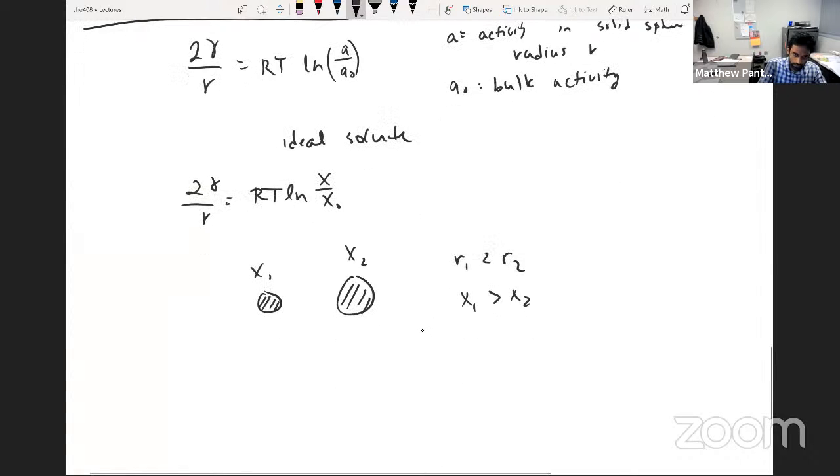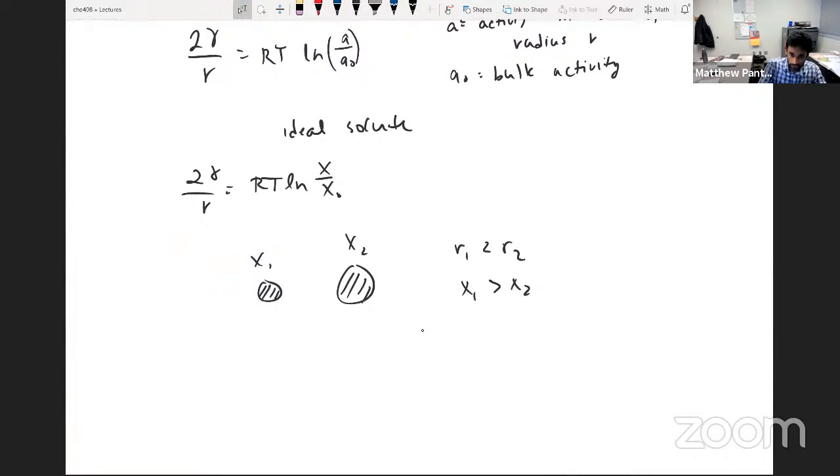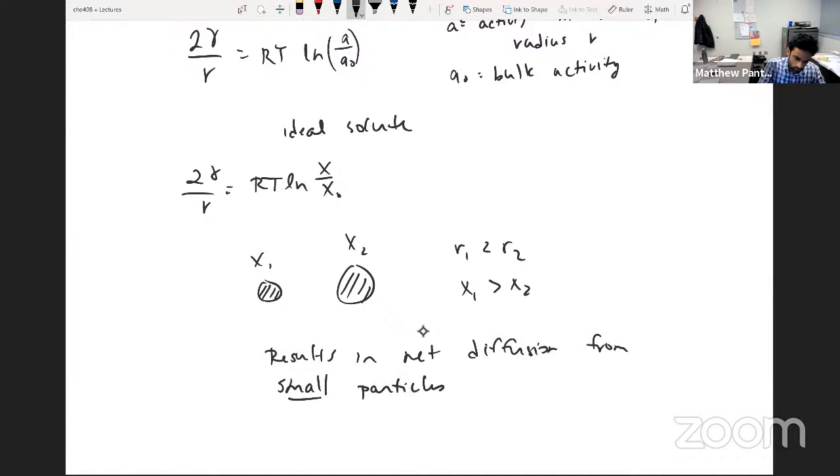So that means that if they have the same concentration, say if they're pure species, for example, this results in net diffusion from small particles to large particles.